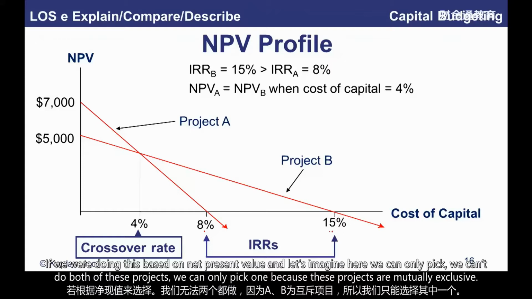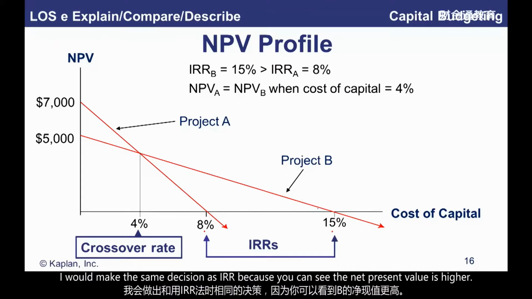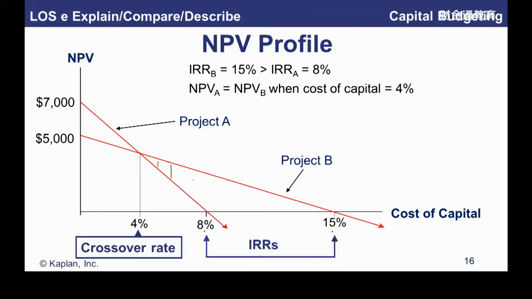If we were doing this based on net present values, and let's imagine we can't do both of these projects, we can only pick one, so these projects are mutually exclusive, then for a cost of capital of 15% coming down to this 4% here, I would pick project B. I would make the same decision as IRR because the net present value is higher.